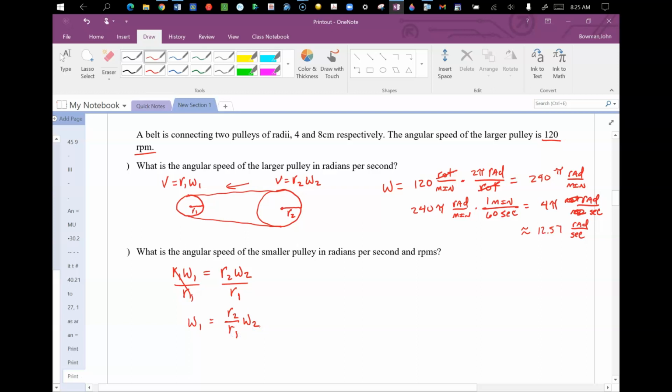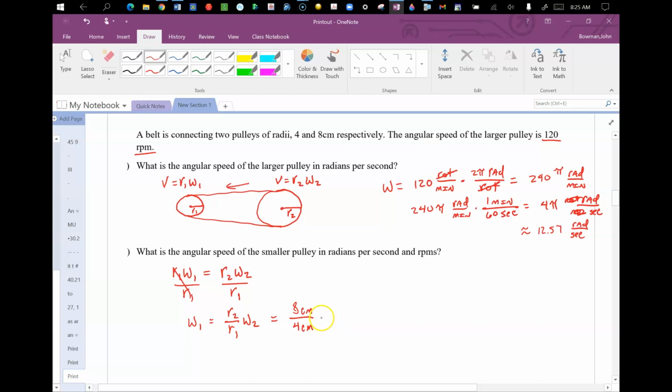Well, that's a helpful relationship there, because what we're seeing is that all we have to do is take the ratio of the two radii and multiply it by the angular velocity of the larger pulley, and we've got our answer. So let's do that. So R2 is 8 centimeters. R1 is 4 centimeters.